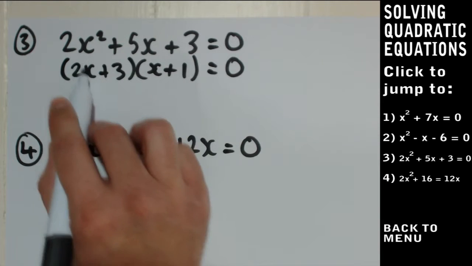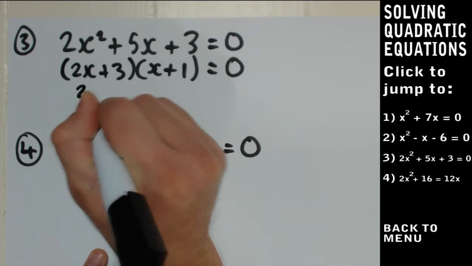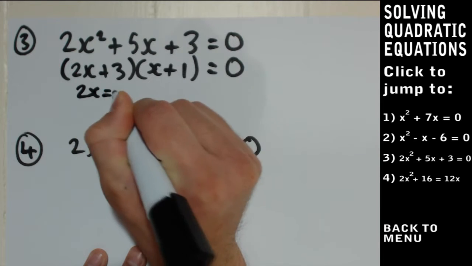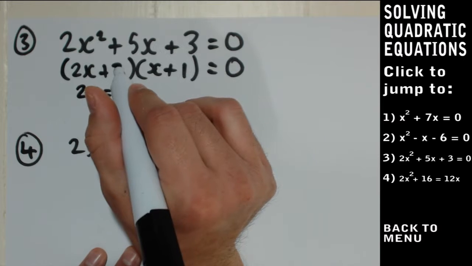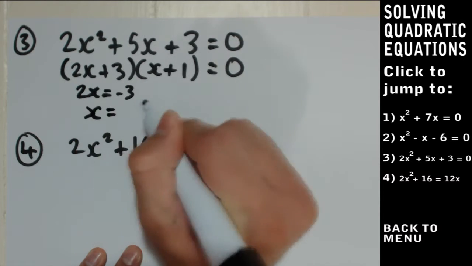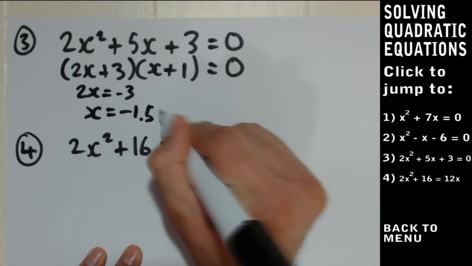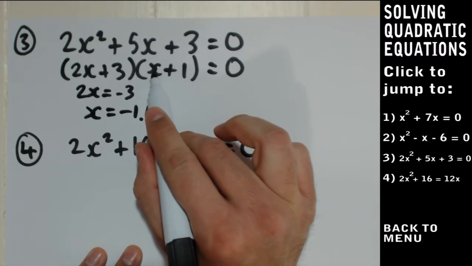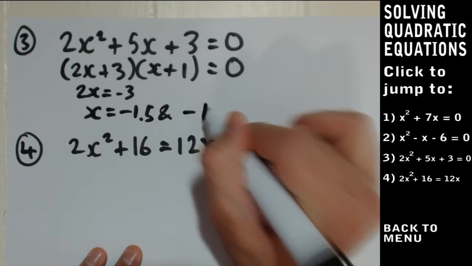It means this 2x add 3 must give 0, so that means 2x is minus 3. Minus 3 plus 3 is 0, so if 2x is minus 3, x equals minus 1.5, and whatever it is in this one, minus 1 plus 1 is 0, so x equals minus 1.